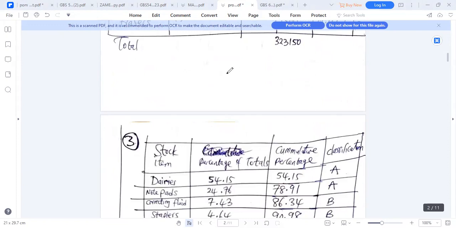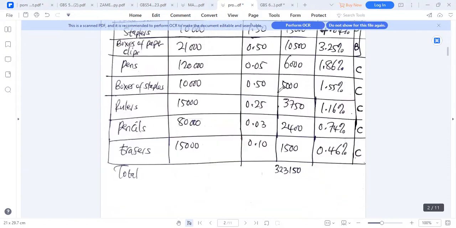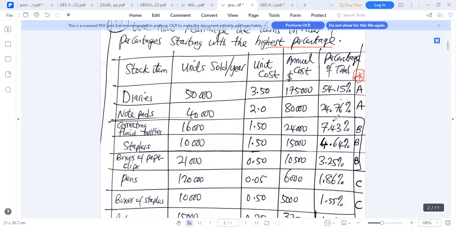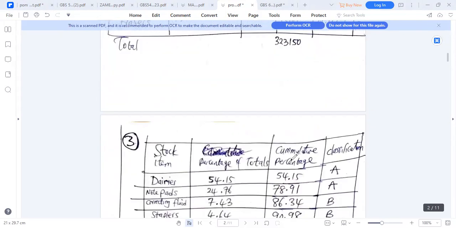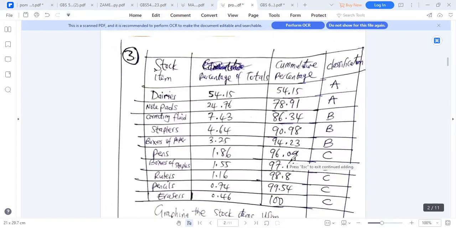We find the percentages the way they are, the percentages of the stock items: the diaries, the notepads, the correcting fluid, the tape, the staplers, the boxes of paper clips, the pens and all that. We are now getting to the totals. So percentage of totals, you get these ones. Then find the cumulative percentage.